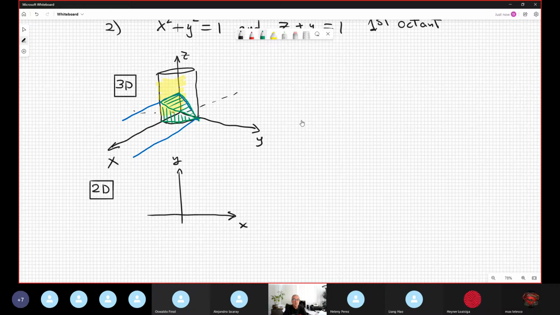Look at that. Que es a quarter of circle, radius 1. Everything is 1. The cylinder is 1, the plane is 1. So this is my region R, in which you set up the double integral, correct?